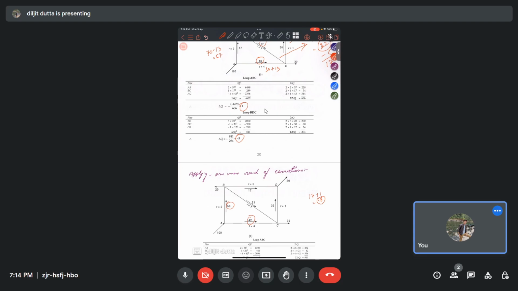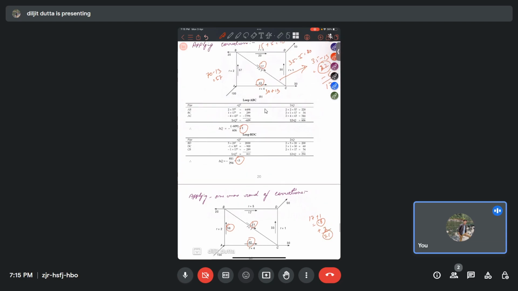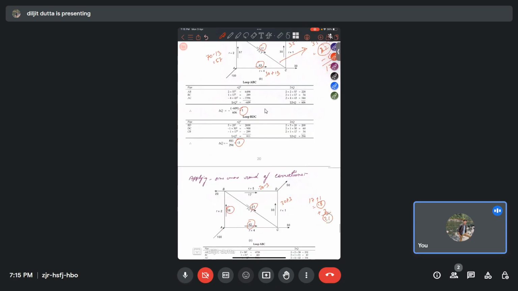Then again for anti-clockwise it was negative, so we again add, so it is 21, and similarly it will be 20 minus 3 in BD and 30 plus 3 in CD, since it's anti-clockwise.